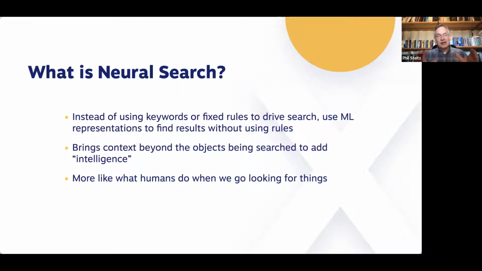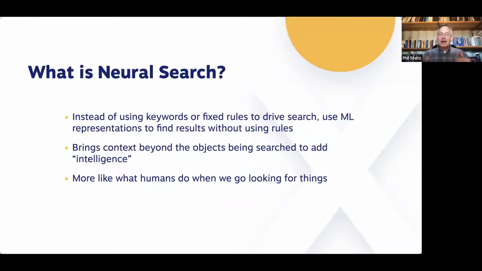Instead of relying completely on fixed rules, we make the search a little more data driven, and I'll get into a lot more detail about exactly what that means. Another important difference between traditional search and neural search is that we use models that may have been built using information that's outside of the domain of the objects being searched.